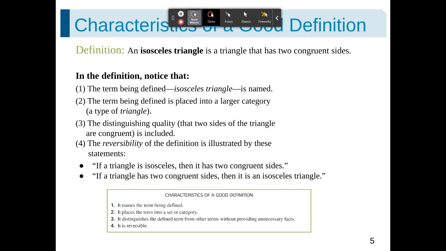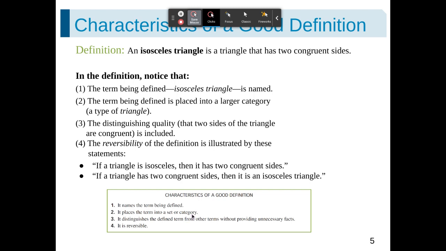An isosceles triangle is a triangle that has two congruent sides. In the definition, notice that the term being defined, isosceles triangle, is named. So you've got number one, the term being defined is named. The term being defined is placed into a larger category: a triangle. So it's placed into a set or a category.